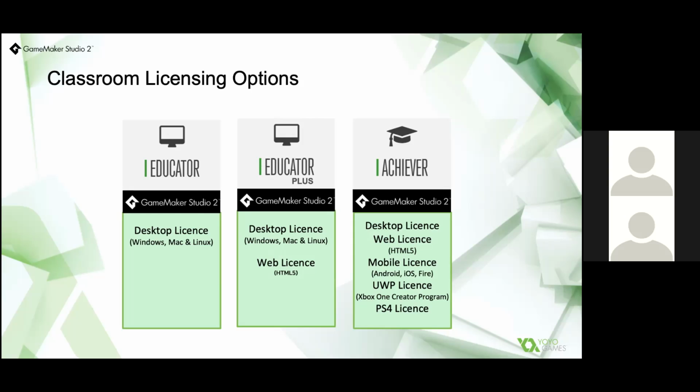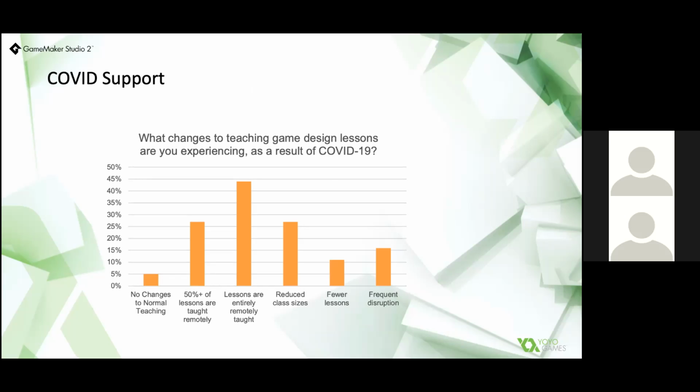GameMaker can be used on PC and Mac, not yet Chromebook, but due to the overwhelming demand, we are actually developing that and looking at releasing it in the not so distant future. As can be seen from our recent survey in early November, at the time, only 5% of teachers were unaffected by COVID. As a consequence, we have provided support to our users throughout COVID.